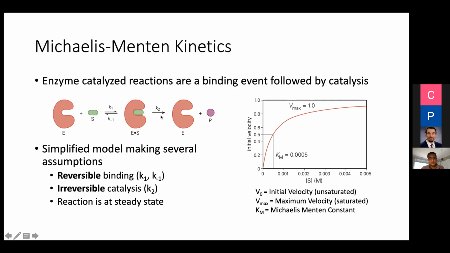And again, another assumption that it makes is that this reaction is happening at steady state, and I'll get more into that later on. But for now, just keep that in mind. And when you look at the plot of the initial velocity of the enzyme, or the velocity of the enzyme when the enzyme's unsaturated, so right when it begins to catalyze the reaction, as a function of the substrate concentration, it looks very similar to the plots that we've seen so far with binding.